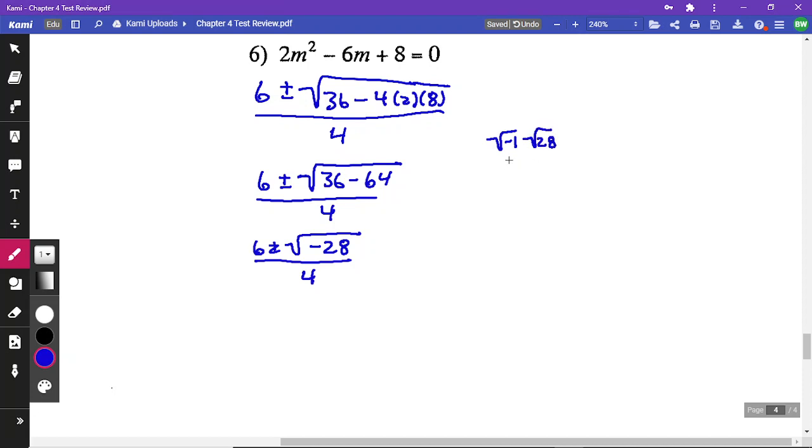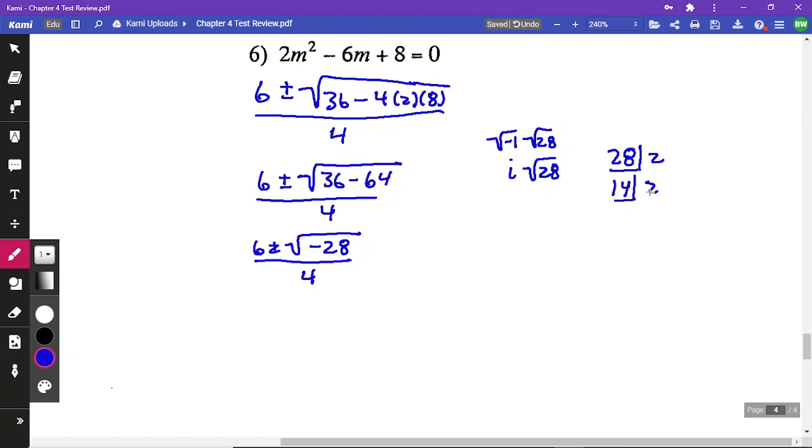Or you can just know that it's going to be i times the square root of 28. So that's what that is. When you get the square root of negative 28, if you want to, just go straight to here. If you can make sense of it, and if that's clear to you, then do it that way. It's fine. So we have to factor that 28. Some of these, after doing a few problems, you might just remember what they are. I don't really remember this, although I probably should.